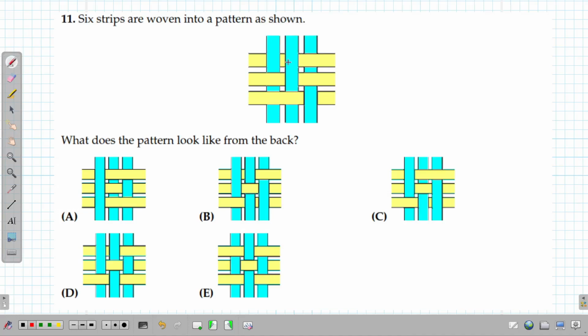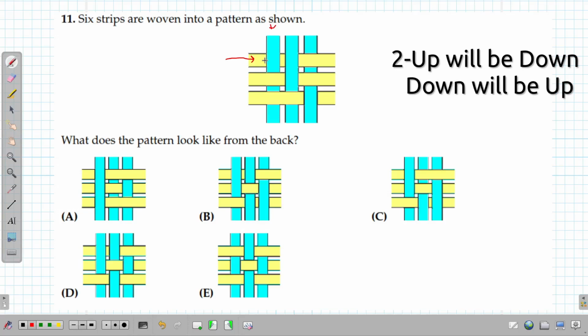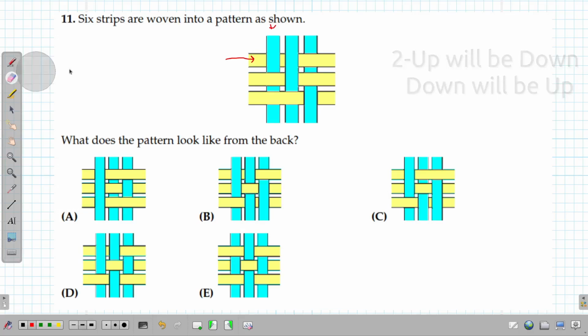And the second thing is, if you look at this blue strip, it is above this yellow strip. But if you look at this from the back, the yellow strip will be in front of the blue strip. It will be opposite. So we have to keep these two things in mind in order to solve this question. So let's get started.